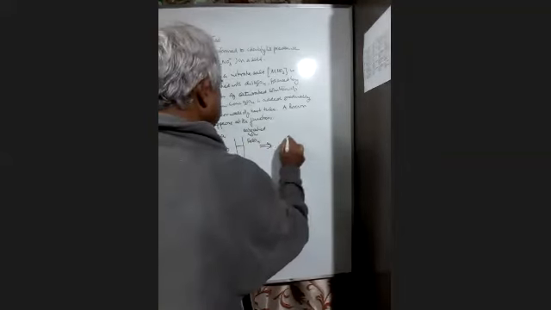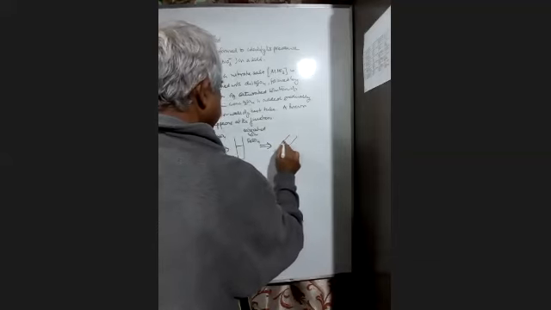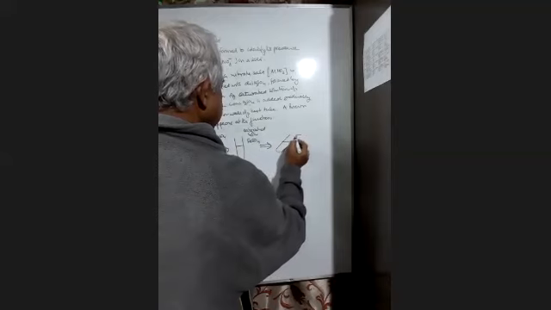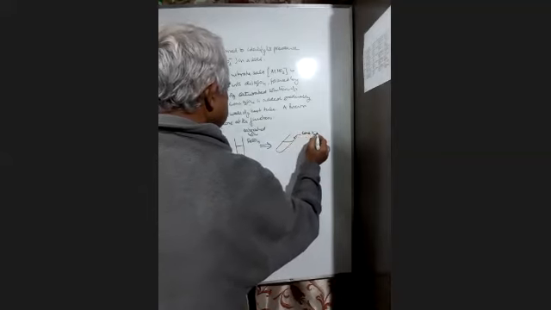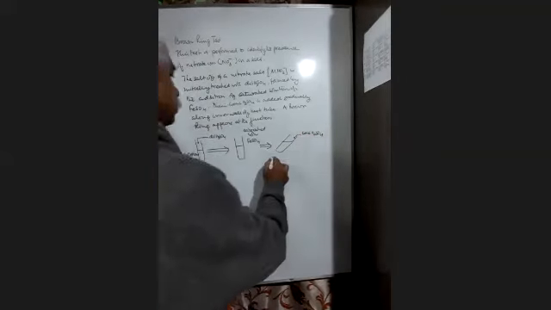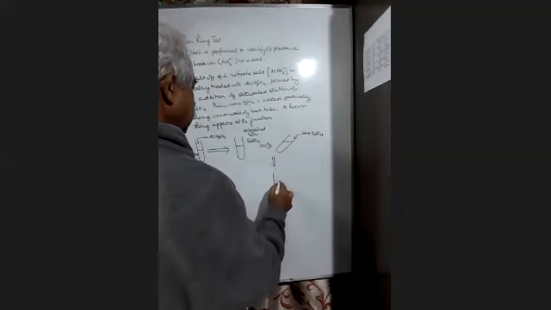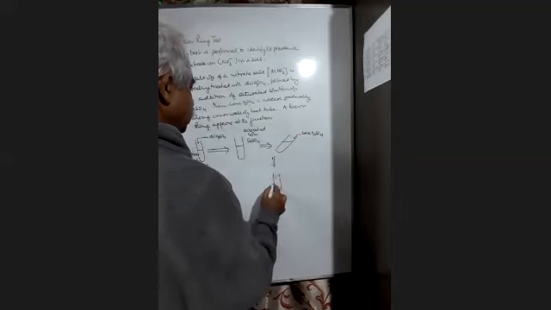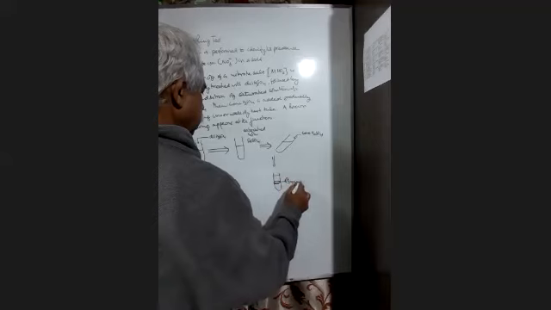After that, what do we do? We fill the test tube like this. Solution will be like this, and here along with this wall, we add concentrated H2SO4, slowly, gradually. Then what we get here? See here, this is the solution. Here you are going to get a brown ring.